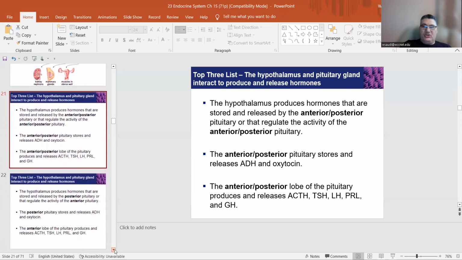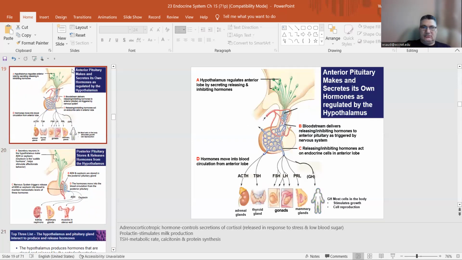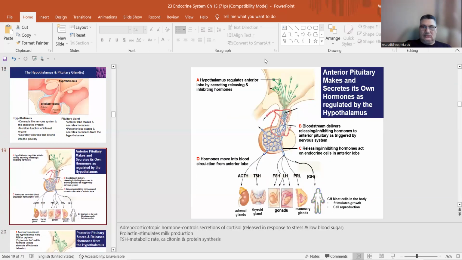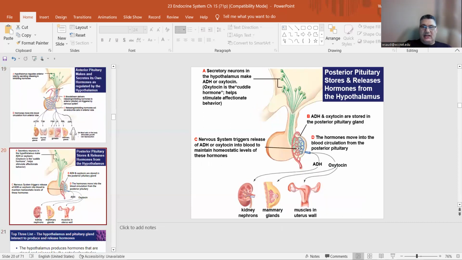So the hypothalamus produces hormones that are stored and released from. Stored is posterior, while regulate activity, it's anterior. Okay, remember this, it's right here. Regulating hormones go to the anterior, while storing is in the posterior.